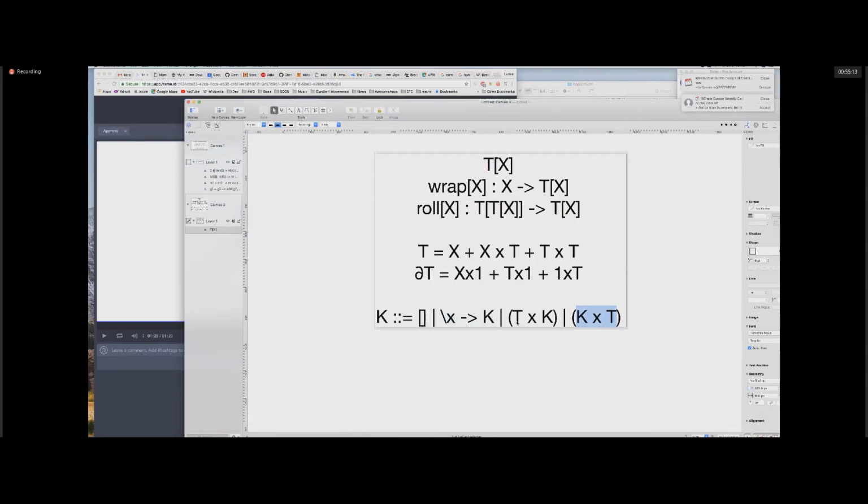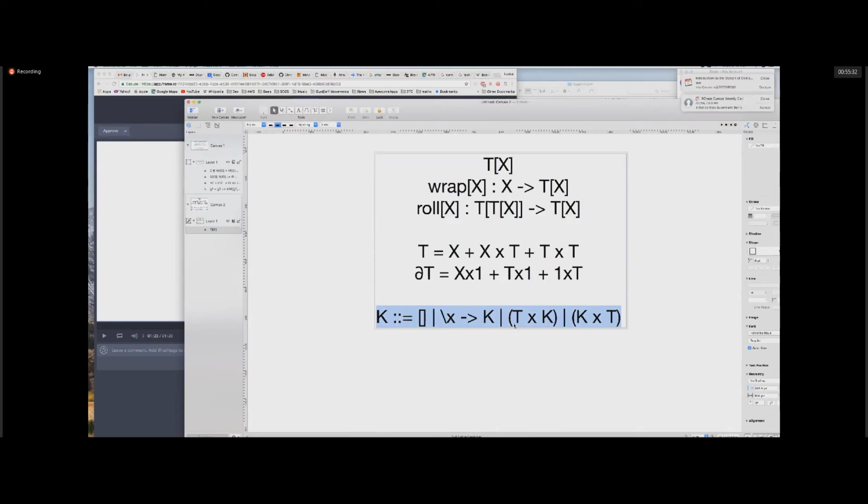So in the beginning, people would define contexts by hand. And then later, Conor McBride discovered that there was the notion of a derivative of a type, and what it gave you was the one-hole context.